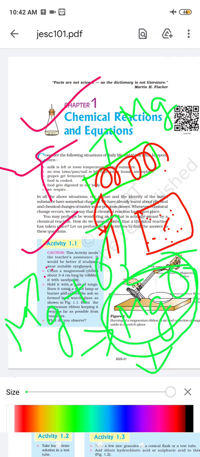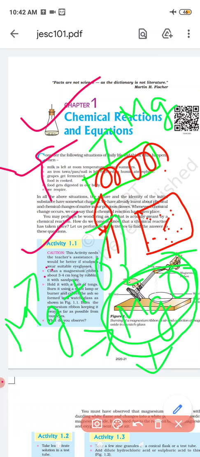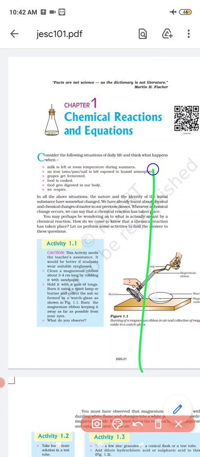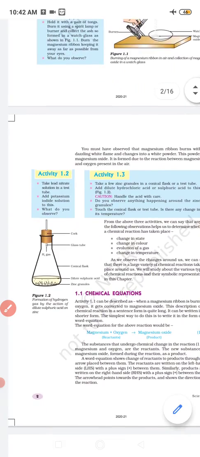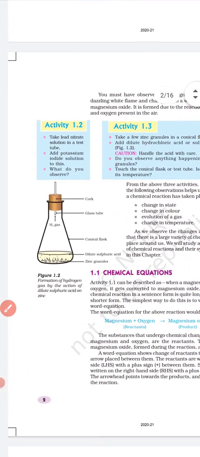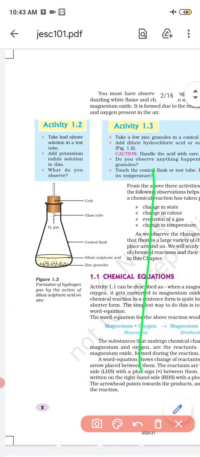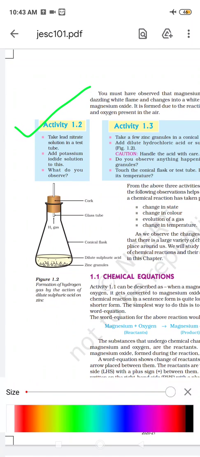Okay, next activity 1.2. See activity 1.2, we have to take two test tubes.